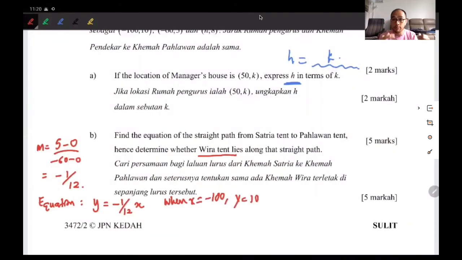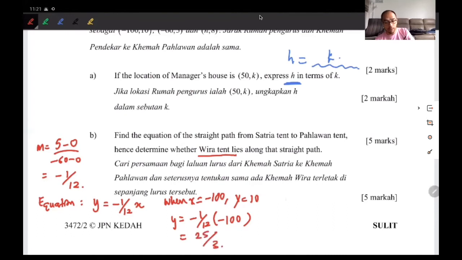This is what we want to prove. So y equals to negative 1 over 12 x times negative 100. I will get y equals to 25 over 3.